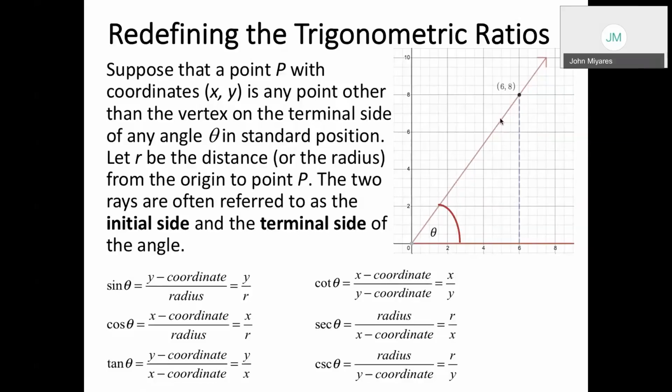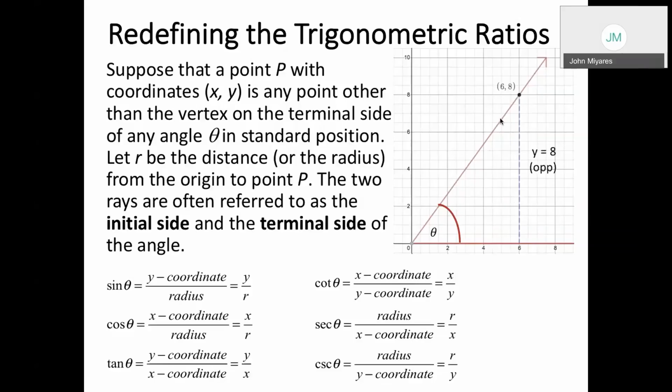Now let's look at these definitions of sine, cosine, and tangent again. Back in section 6.2, we defined sine as the opposite side over the hypotenuse, cosine as the adjacent side over the hypotenuse, and tangent as the opposite over the adjacent. Well, if I focus on this reference triangle, then the opposite side is going to be the dashed line, and its length is going to be whatever the y value is because I'm measuring that distance up from the x-axis.